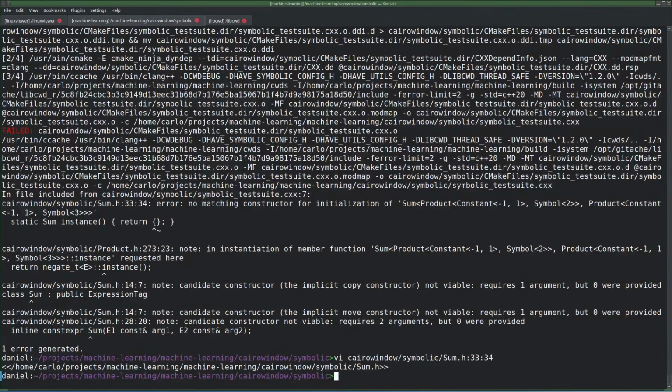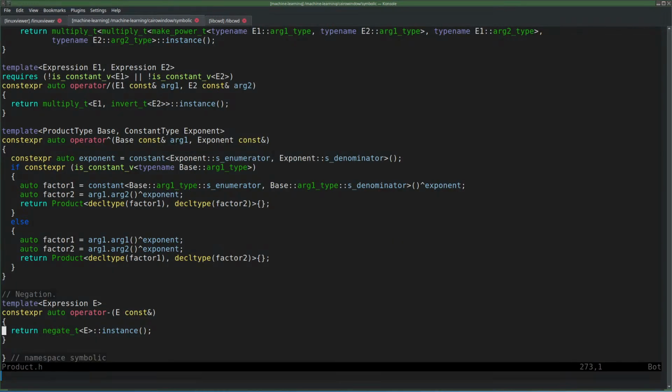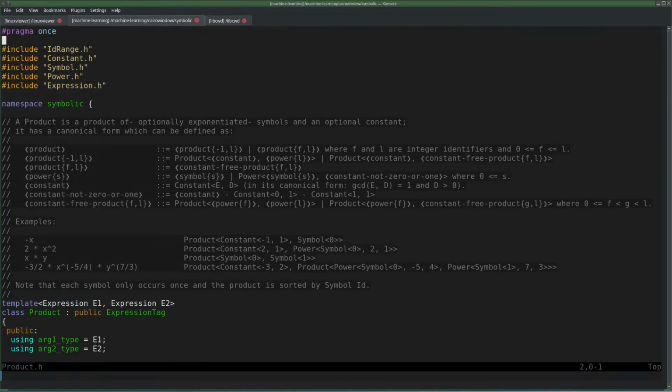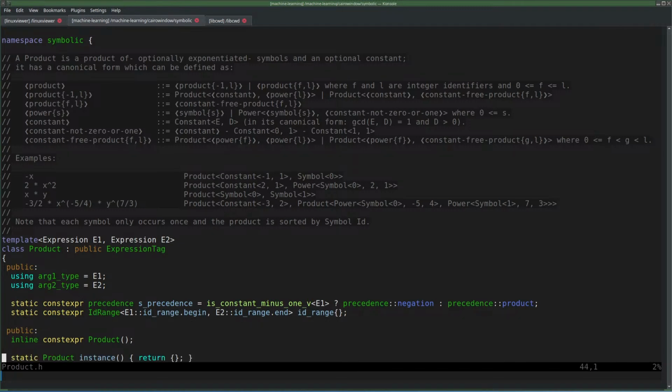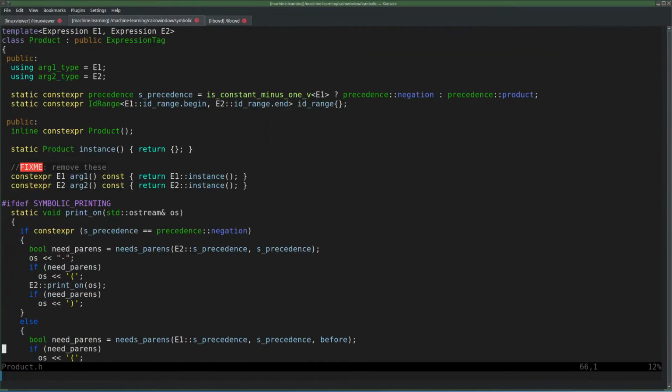Gonna need to do the same thing as I did with product. The product does have a default constructor, and I just return instances here by value.